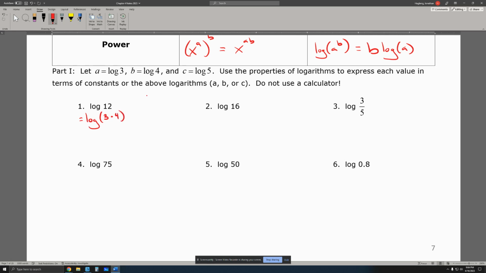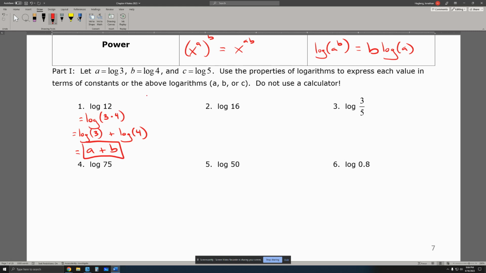Well, I know that using our product rule, this is equal to log of 3 plus log of 4. Okay, so splitting up that product into the sum of two logs. And then finally, we know what log of 3 is, that's a, and we know what log of 4 is, that's b. So this simplifies to a plus b.